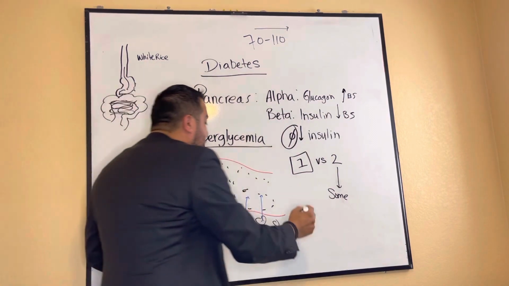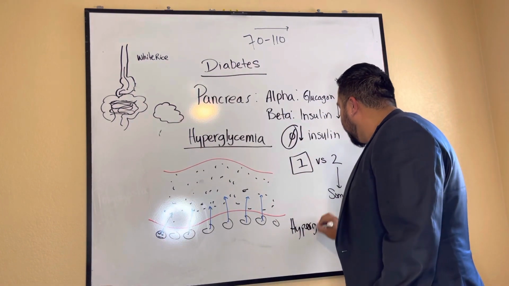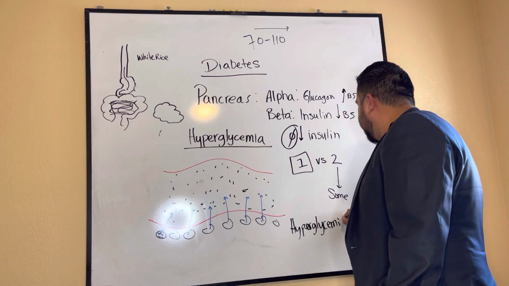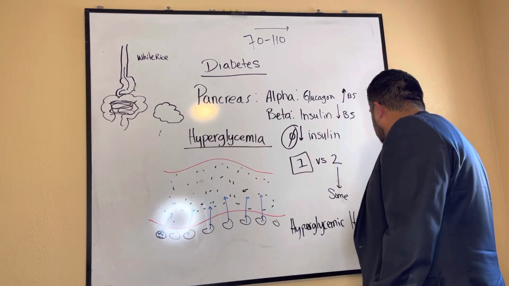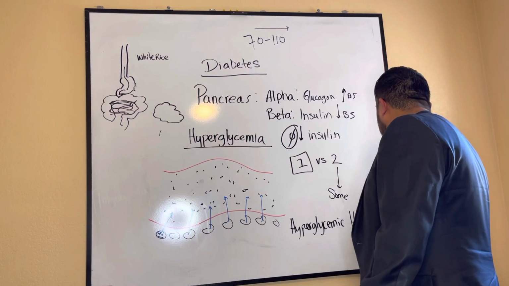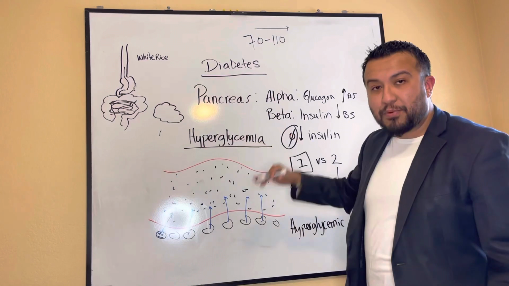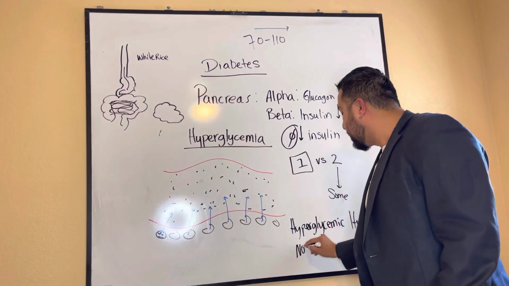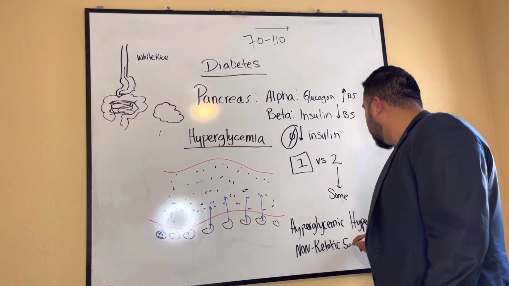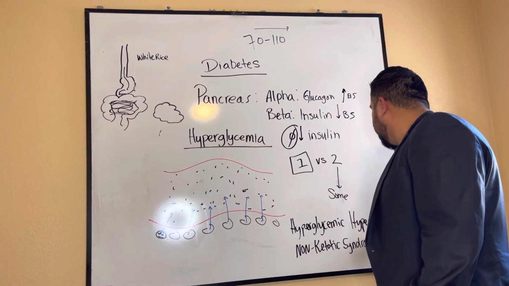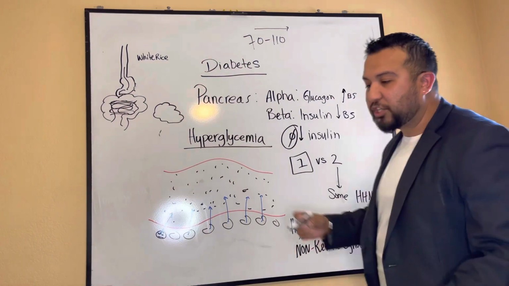And this condition is called hyperglycemic hyperosmolar, and since there's no ketones because the body's not breaking down fat or muscle, it's non-ketotic syndrome, or HHNS.